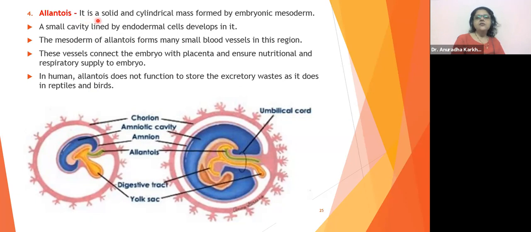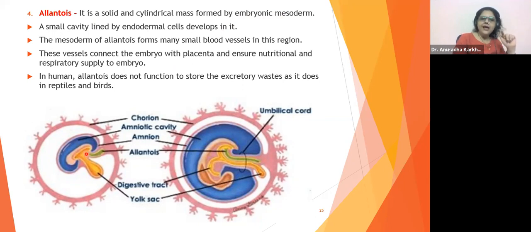Allantois, it is a solid and cylindrical mass formed by embryonic mesoderm. Most important, that allantois is going to be formed of embryonic mesoderm. So now we are actually talking something about the embryo, correct? So this green structure allantois is a result of the embryonic mesoderm.